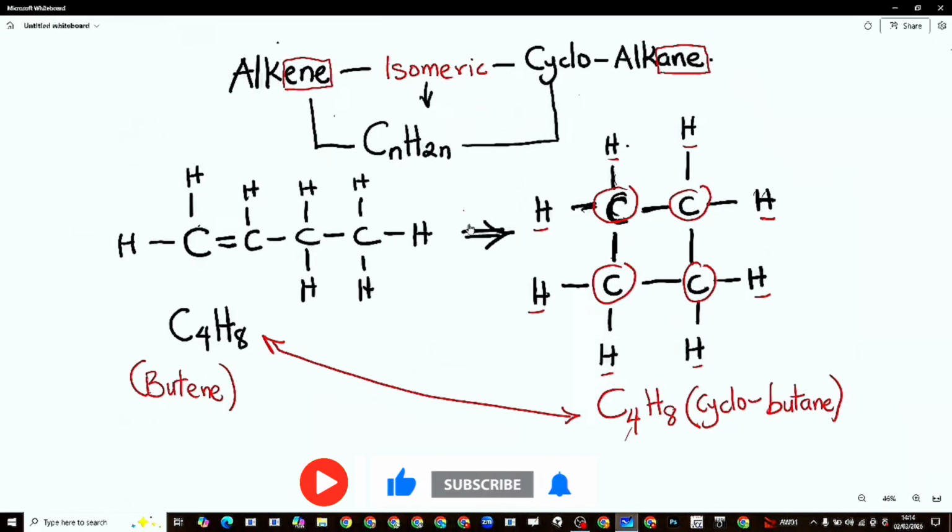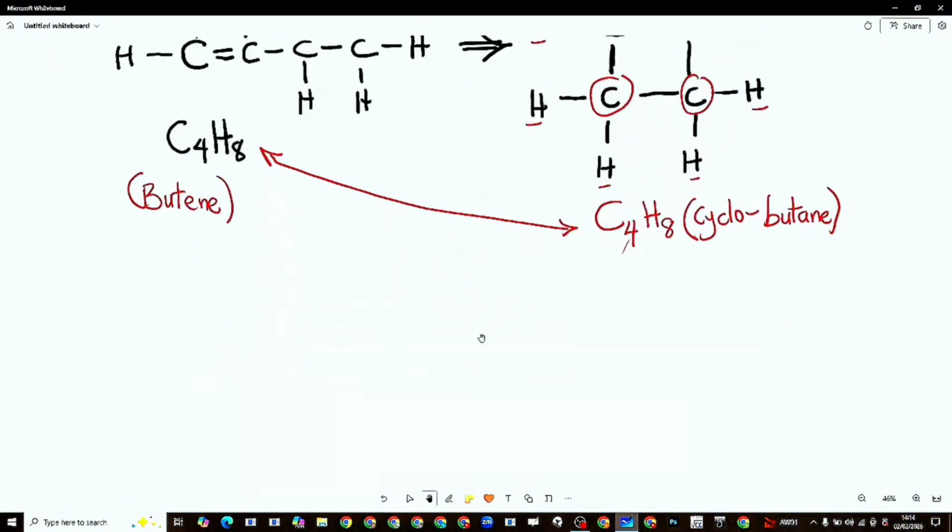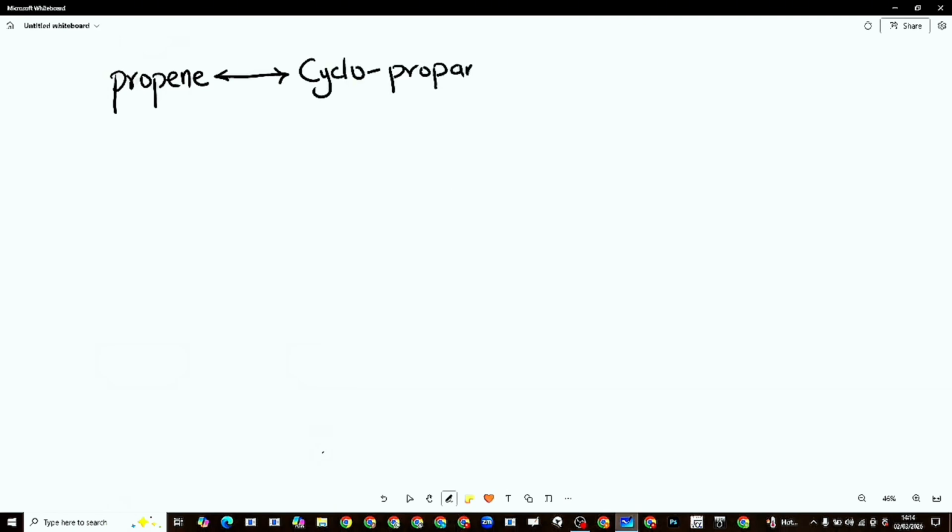Let's look at one more example to solidify our understanding of this. Let's take propene for instance. This is our propene, right? Propene will be isomeric with cyclopropane.